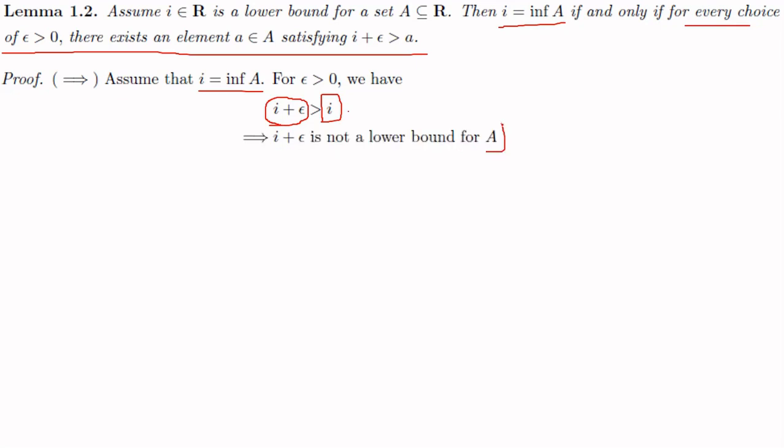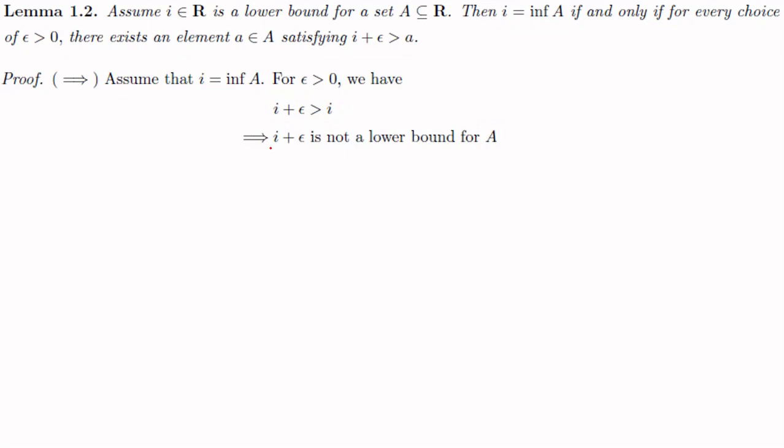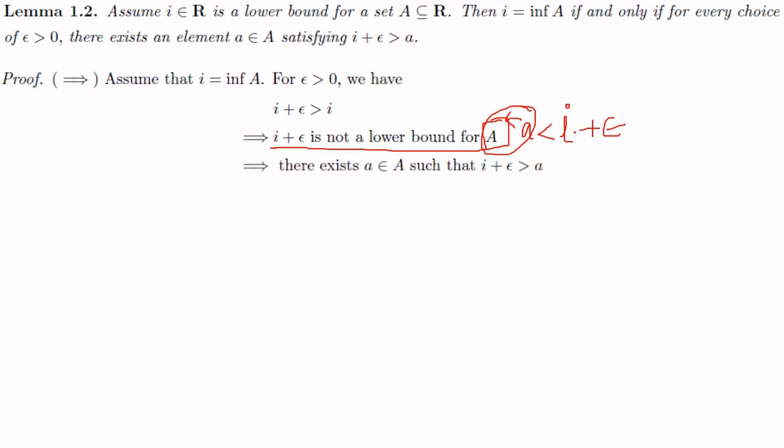the set A. As I plus epsilon is not a lower bound for the set A, there exists an element A in capital A which is less than I plus epsilon. This means there exists an element A in capital A such that I plus epsilon is greater than small a.